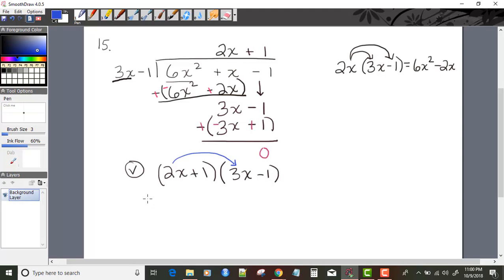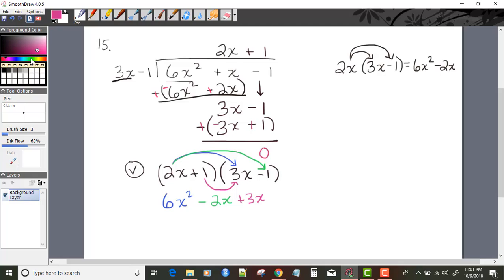First terms, 2x times 3x is 6x squared. Then my outer terms, 2x times negative 1 is negative 2x. Then my inner terms, 1 times 3x is 3x.